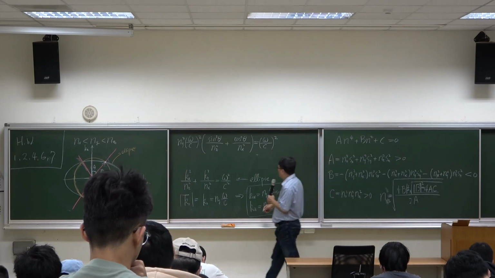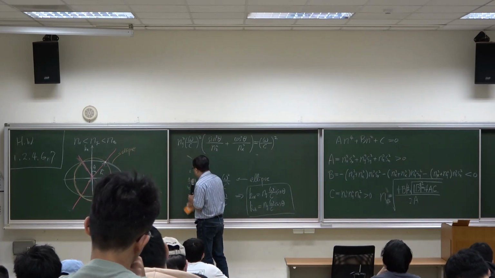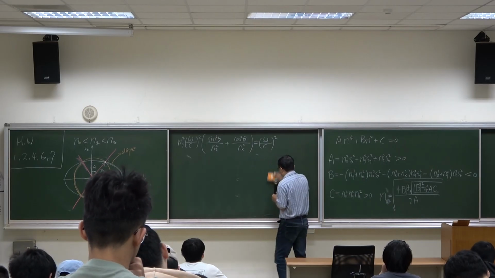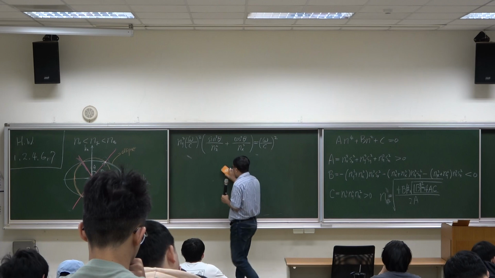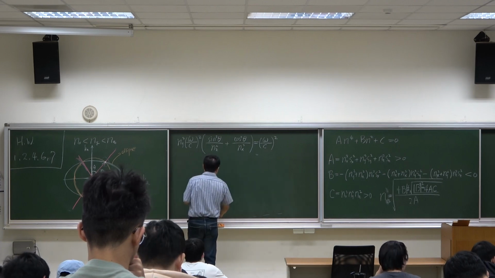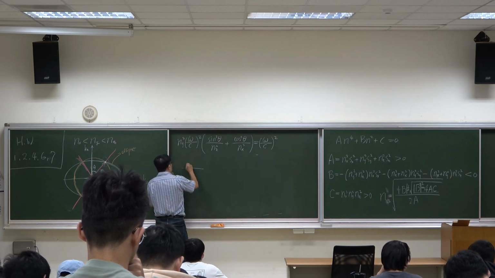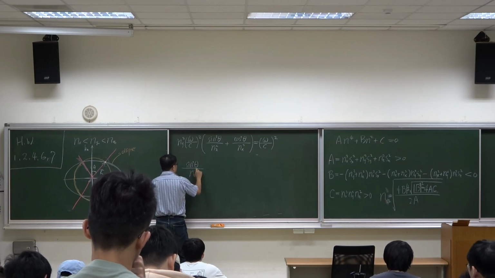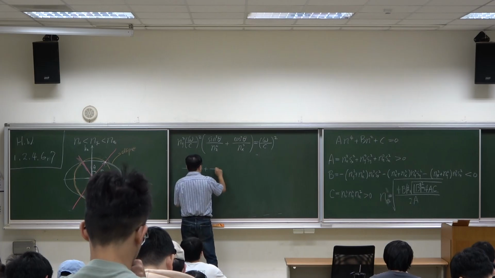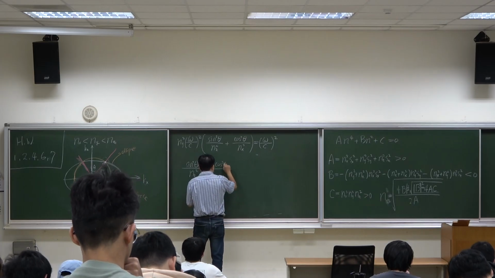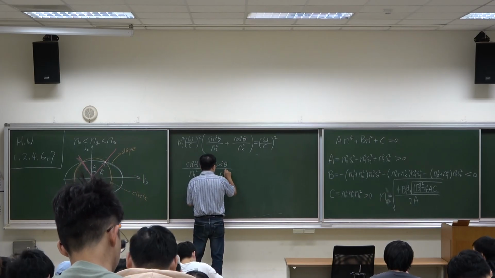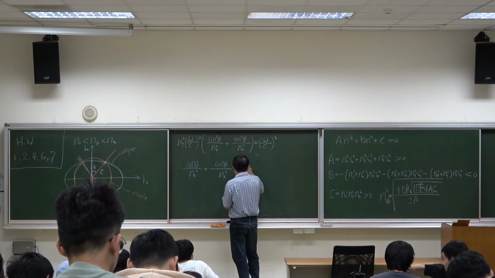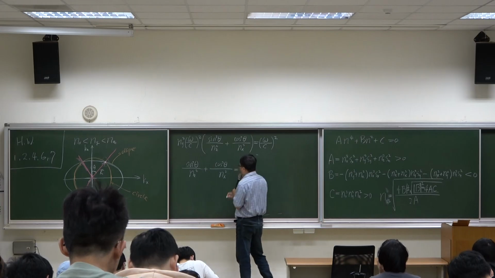So now we have the relation that sine squared theta over nz squared plus cosine squared theta over nx squared is equal to 1 over ny squared.